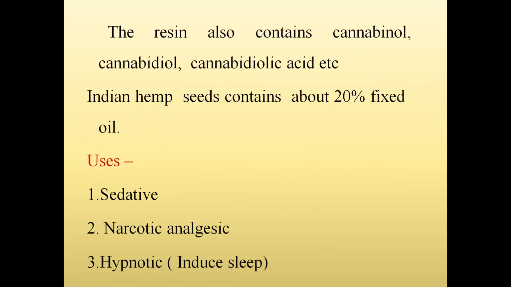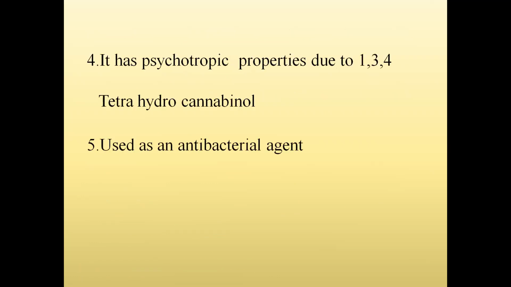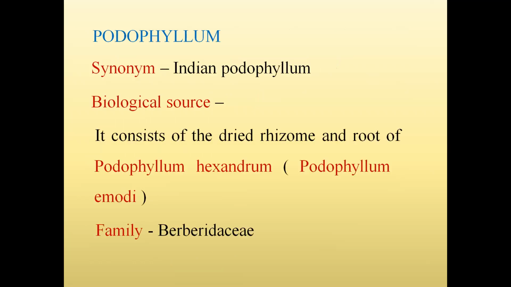So this is oleoresin. It is used as sedative, narcotic, analgesic, hypnotic. Hypnotics are those drugs which induce sleep. It also has psychotropic properties due to the THC, that is the tetrahydrocannabinol, cannabinol. It is also used as an antibacterial agent.